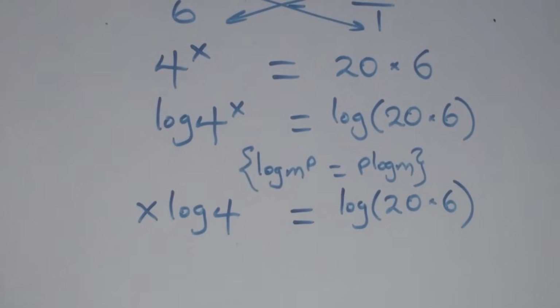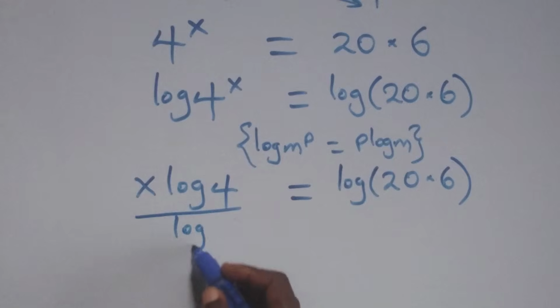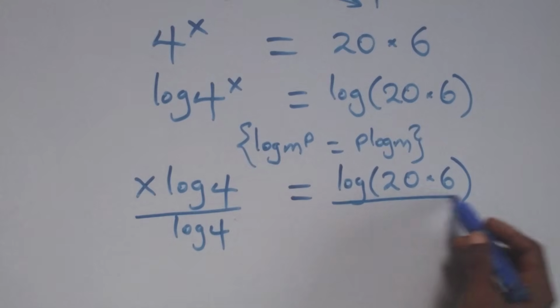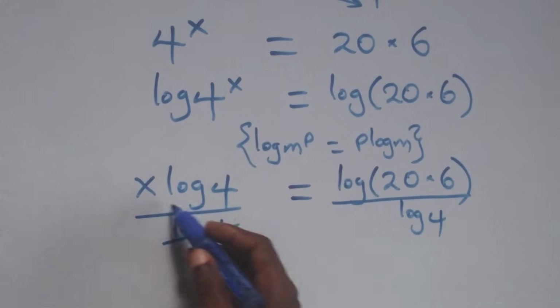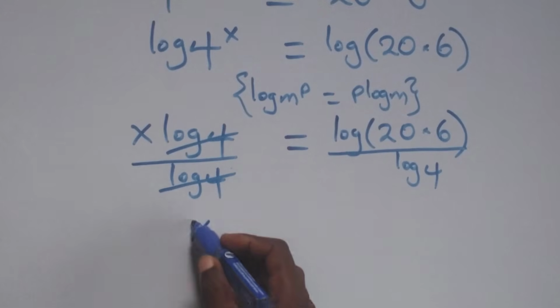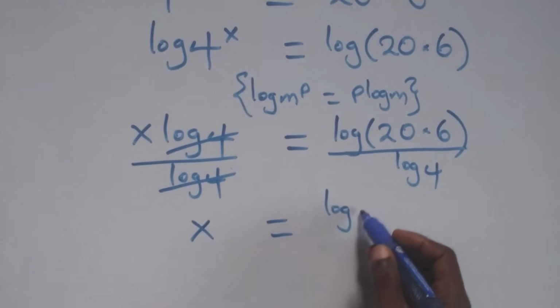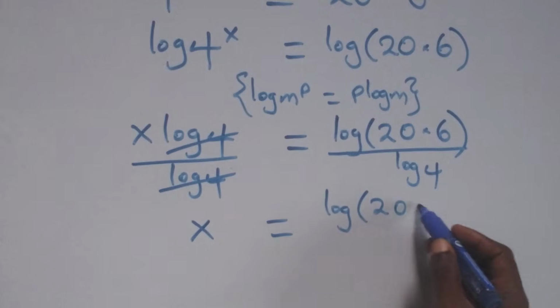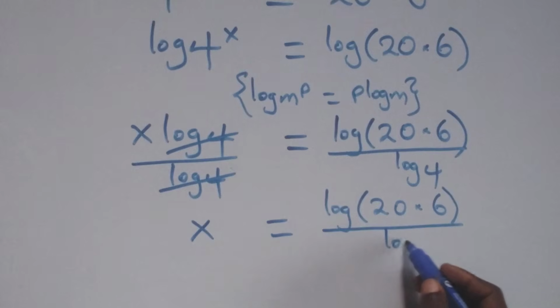So divide both sides by log 4. Divide this side by log 4. Also divide this side by log 4, which implies log 4 cancel each other here. We have x equals log 20 times 6 over log 4.